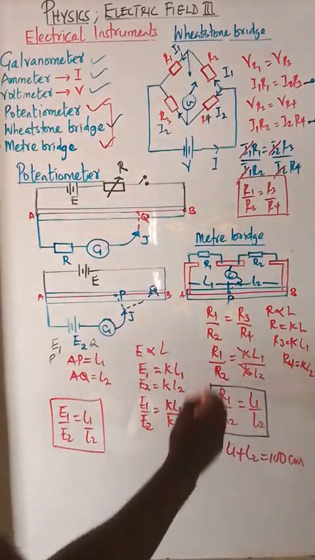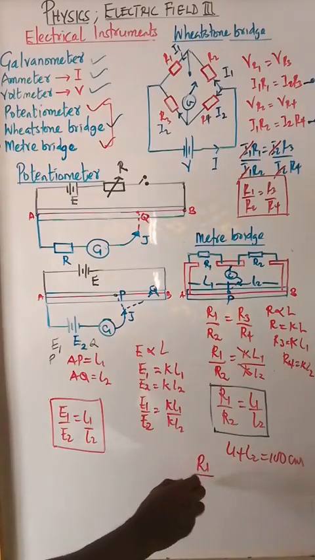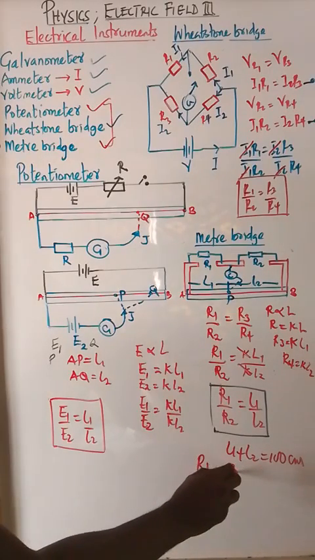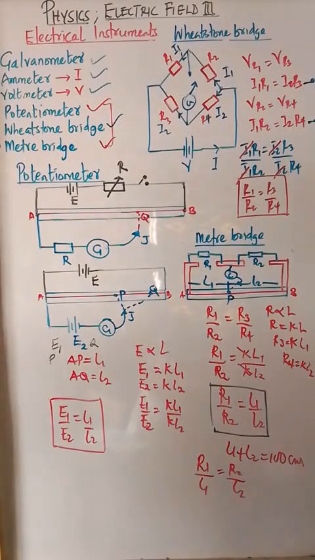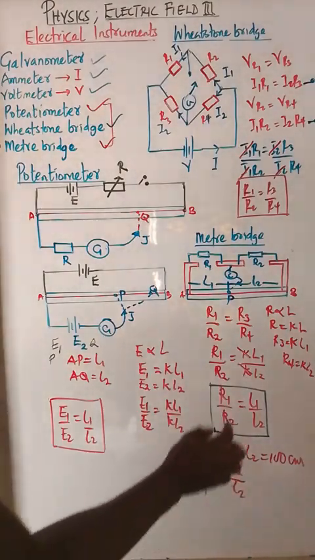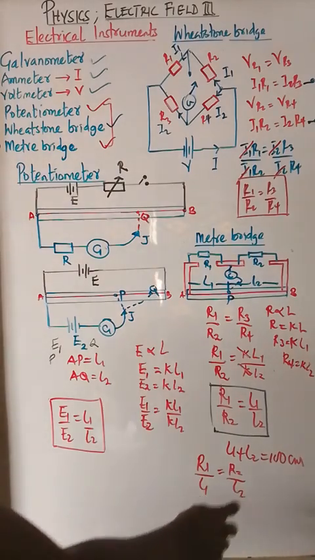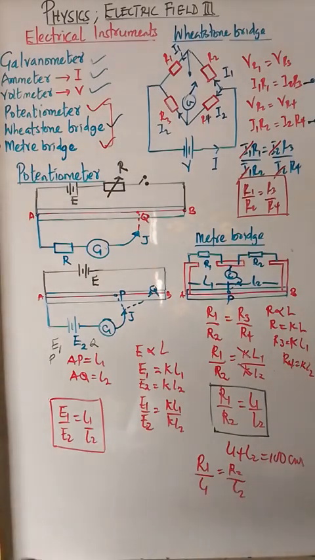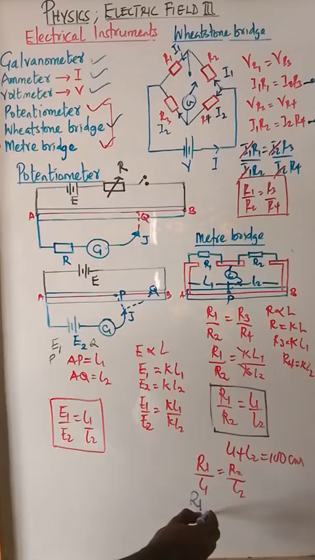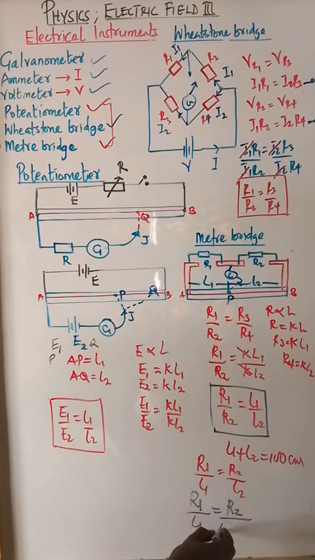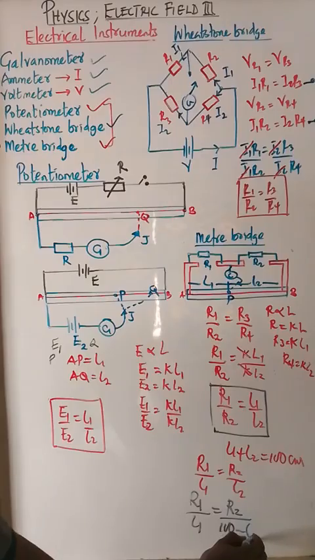So I can also write this as R1 over L1 equals R2 over L2. It also works that way. Yes, you can arrange this mathematically. If you cross multiply, you still get the same thing as what we have there. Then from here it's obvious that L2 is 100 minus L1. So we can say therefore R1 over L1 equals R2 over 100 minus L1.